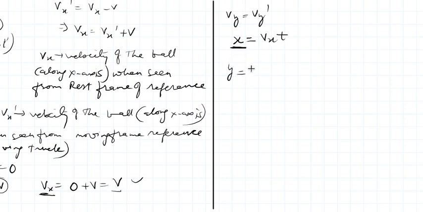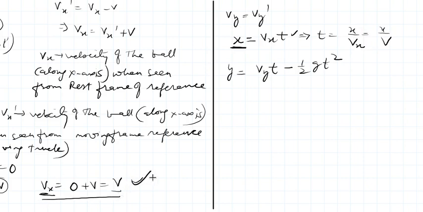Also y, and it is moving under the effect of gravity, so y is Vy t minus half g t square. If I use this here, then t comes out to be x over Vx, which is nothing but x over v.